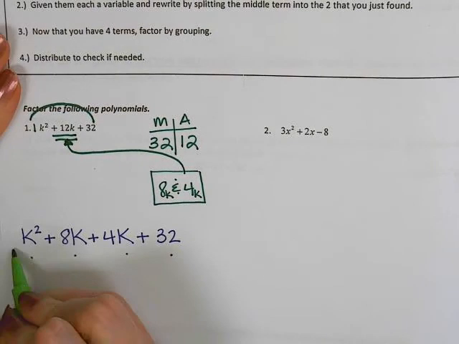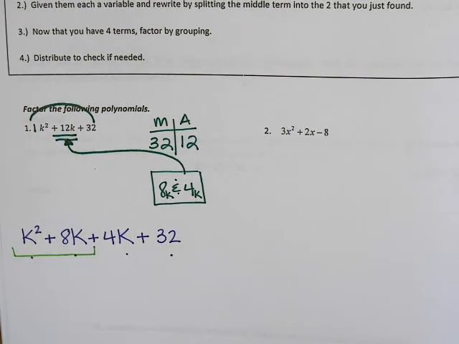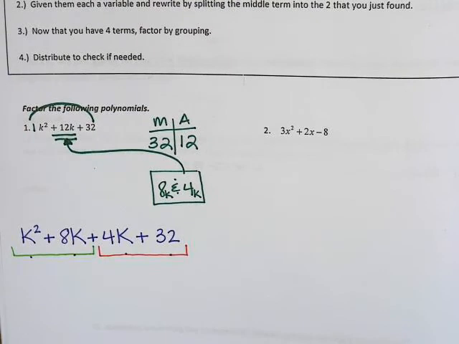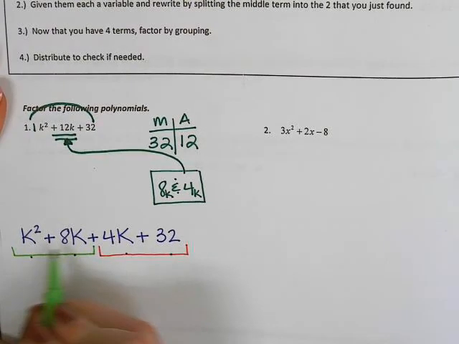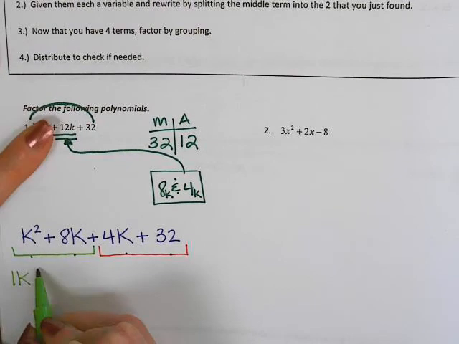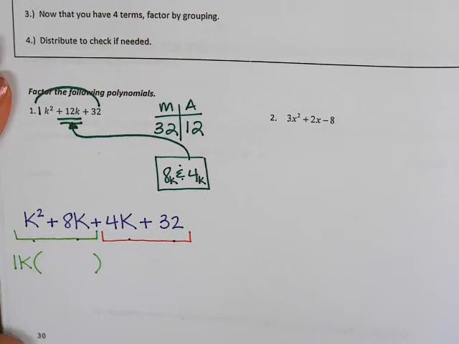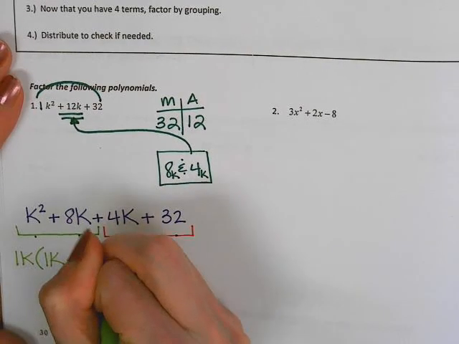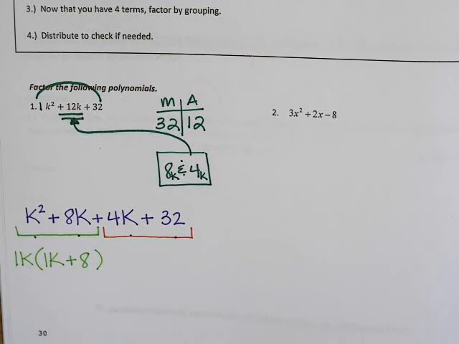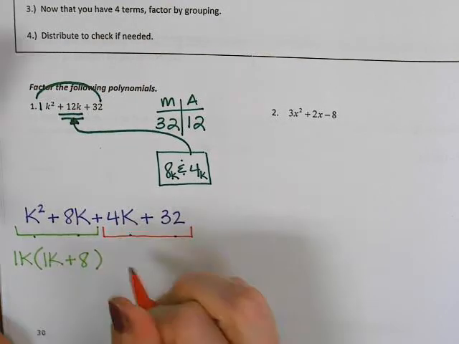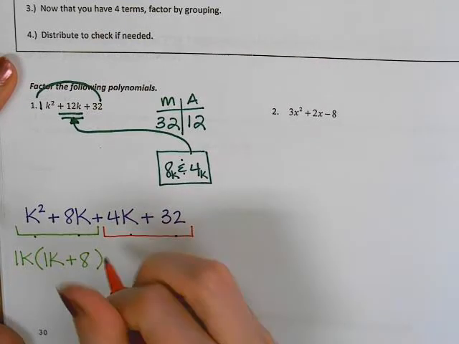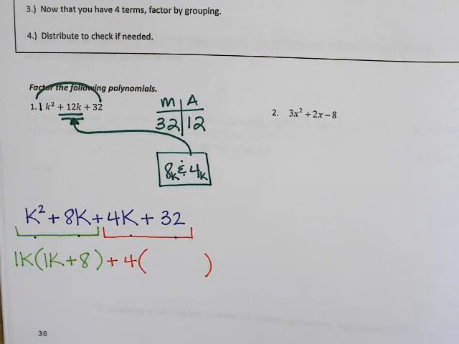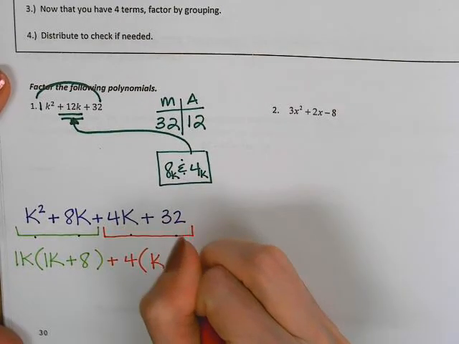Remember, factor by grouping is you pair them off and you pull out the GCF of each. Out of these two, the GCF is 1k, and if you divide that out, you're left with 1k plus 8. I'm assuming that you remember how to do this. For these two, you're going to pull out a positive 4, and if you divide each term by 4, you get k plus 8.